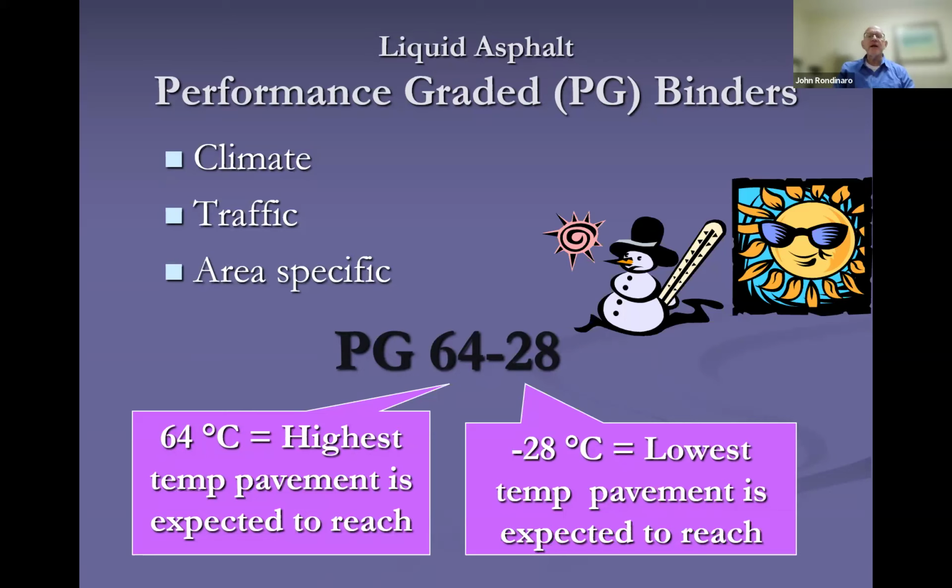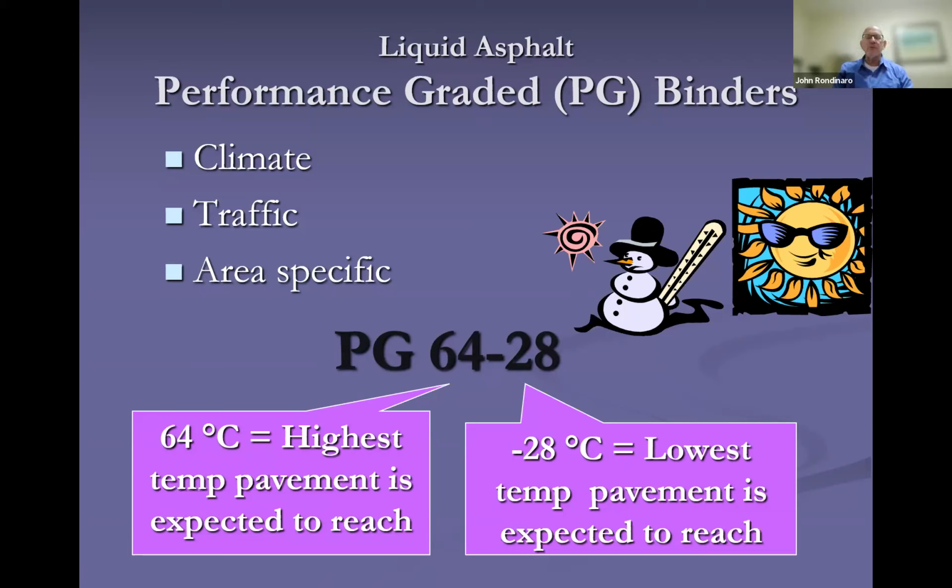When you see the grading of a PG binder, you're going to see something like PG 64-28. 64 is the highest pavement temperature it's expected to reach, in centigrade. And then minus 28 is the lowest temperature that pavement is expected to meet. So we're talking about 150 degrees Fahrenheit, and I did PG minus 22, and that grades out to about 10.